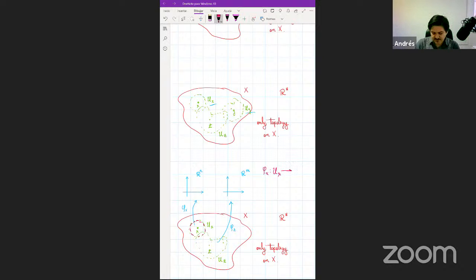I would like to define this function to Euclidean space. Right? This is what I have written here.